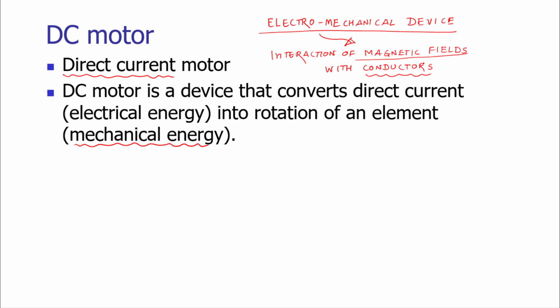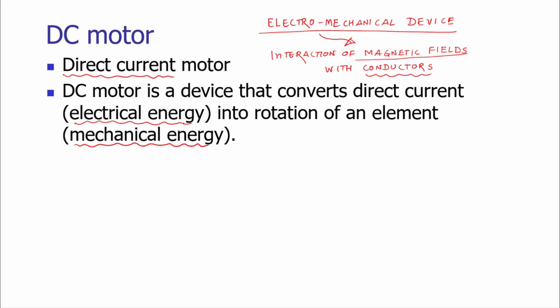So simply we can say DC motor is an electromechanical device which converts electrical energy into mechanical energy. The DC motor is the most common type of electromechanical device being used in domestic as well as industrial applications. DC motor is capable of producing continuous motion and we can easily control the DC motor speed as well.